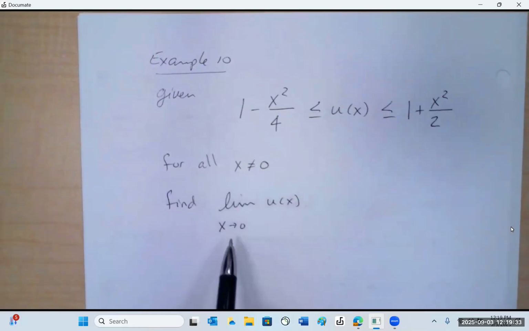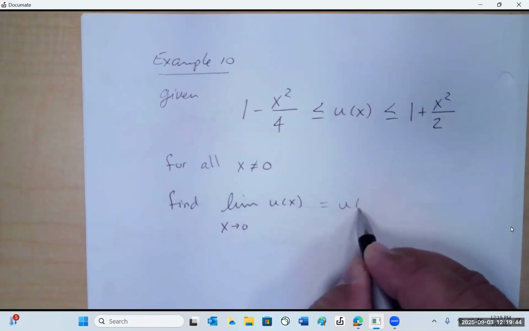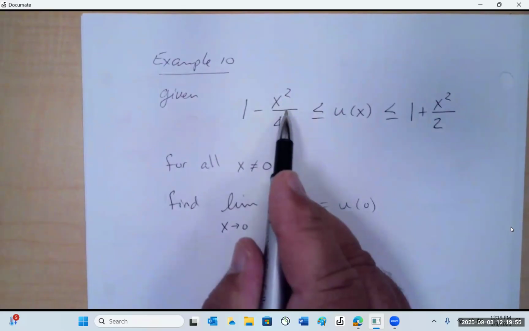So x equals 0 is the point of contention. We're looking for what is u of 0. So what do you think we do first? Plug in 0.